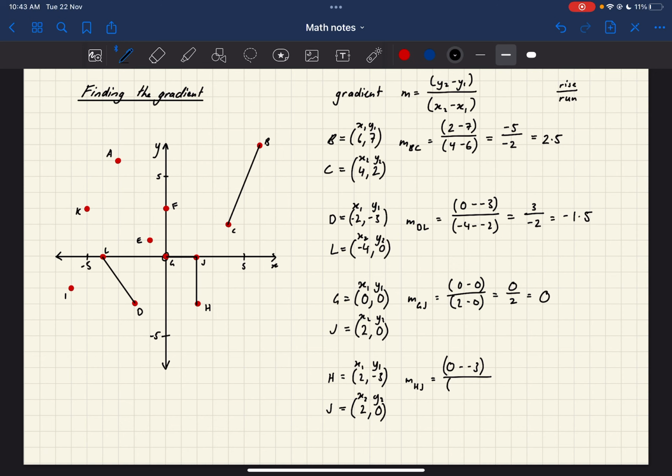And then we've got 2 minus 2. That gives us 3 divided by 0. Now, whenever you divide by 0, that gives you an undefined answer. If you put it in your calculator, it'll say maths error or something similar. So that gradient is undefined, and that's because it is vertical. So any vertical line is going to have an undefined gradient.